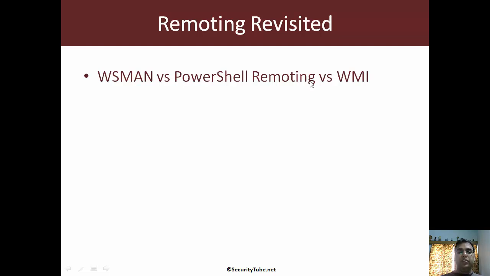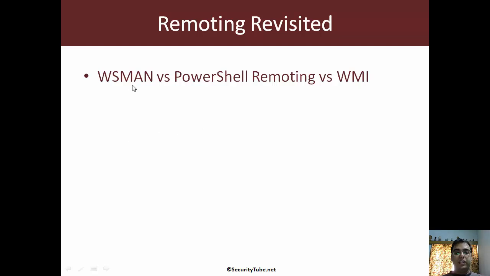PowerShell remoting is again firewall friendly, easy to use, but it returns inert objects. WMI is not PowerShell, not firewall friendly, not NAT friendly. Complex, not really easy to understand, but it returns editable objects.